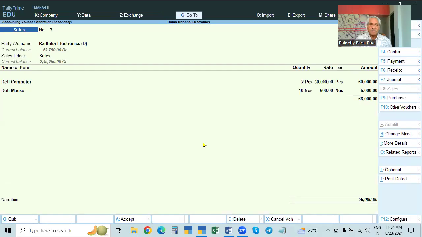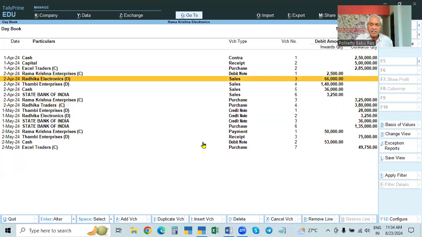But actually, in every purchase or sale of goods and services, GST is applied. GST is to be calculated on the purchases or sales. When you sell, we calculate the GST on the sales.